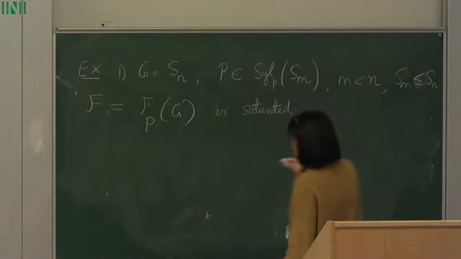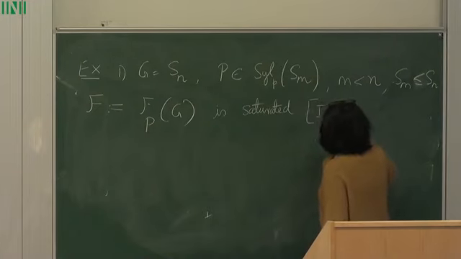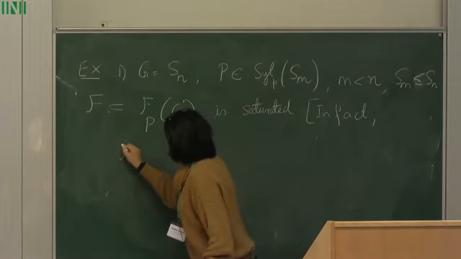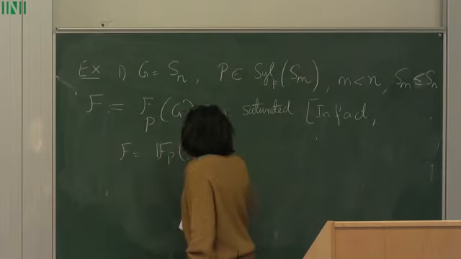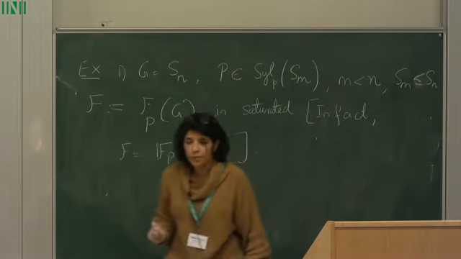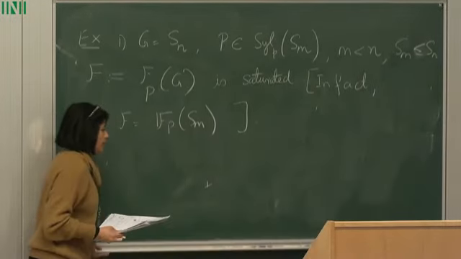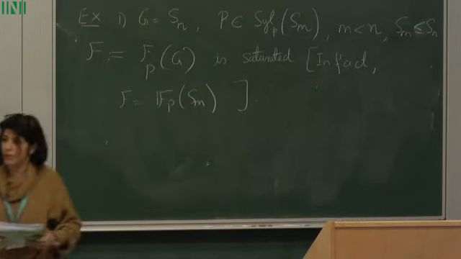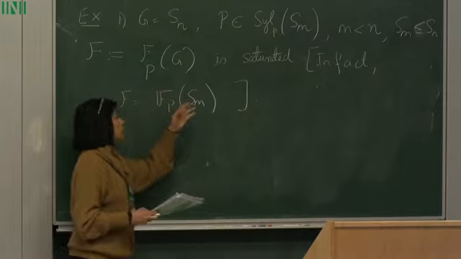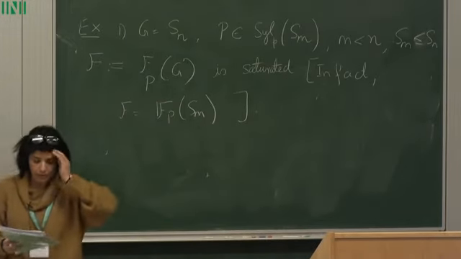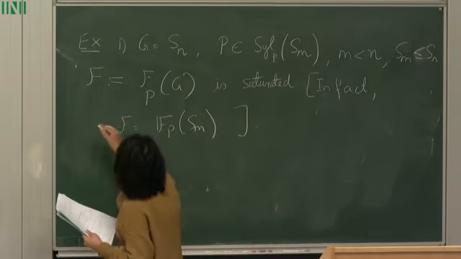Actually, it's not really a new category; F is in fact F_P of the smaller group. It just takes a couple of minutes to figure this out. It just means every morphism in here can be induced by something inside here. That's it. So the Sylow condition is not necessary.